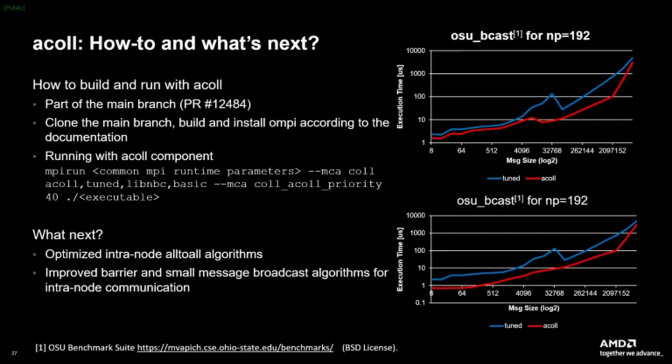Currently ongoing work is focusing on extending to more algorithms, more operations, but also on shorter message sizes, because especially in HPC applications, that's also quite important. So yeah, this component will also be available in 6.0. The ACOL component at the moment only supports CPU memory, so no GPU memory support as of this time.